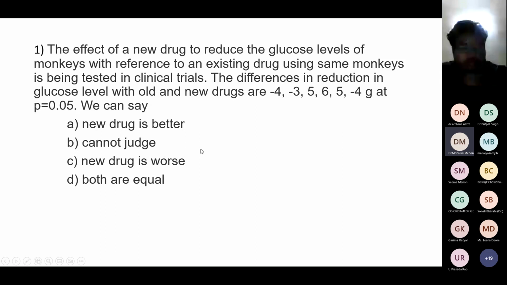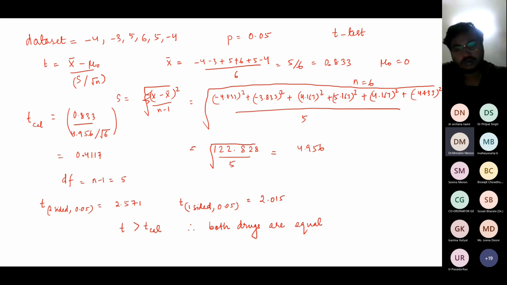I find that the table value of the t-value for the two-sided, I meant to say two-tailed distribution is 2.5, and for the one-tailed distribution, the table value is 2.015. In what you have calculated.